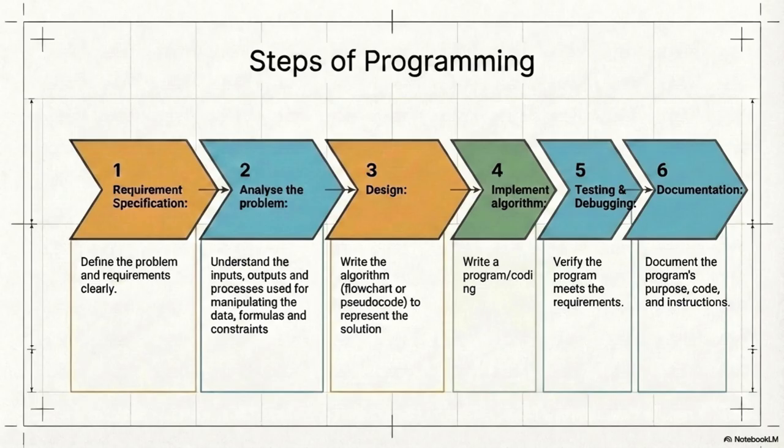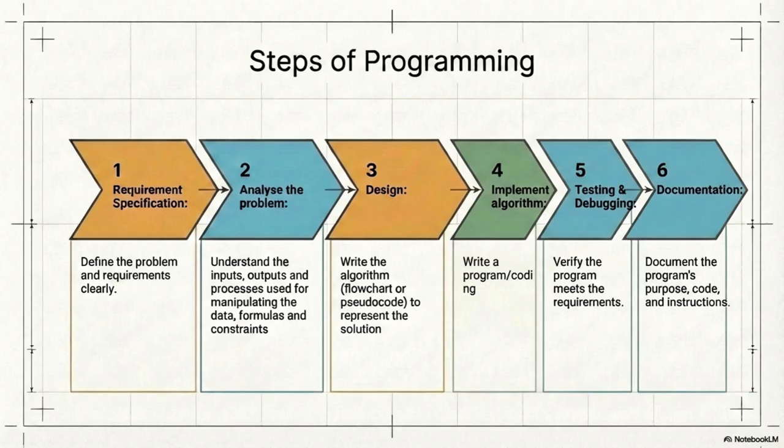This is the actual coding phase where you write the program. And then testing and debugging. This is where you verify that the program actually meets the requirement, so you need to check for errors and debug to meet the requirement.